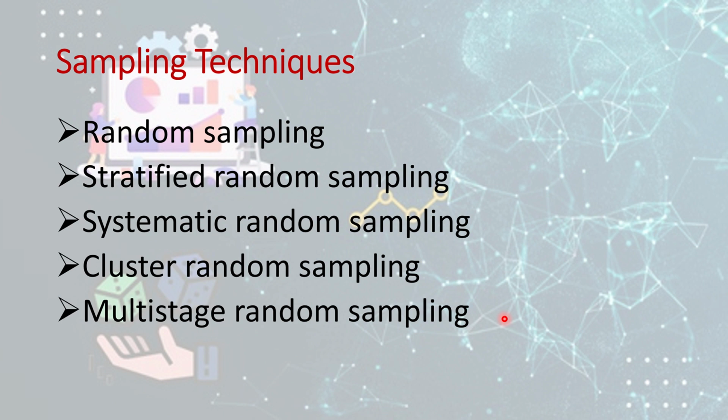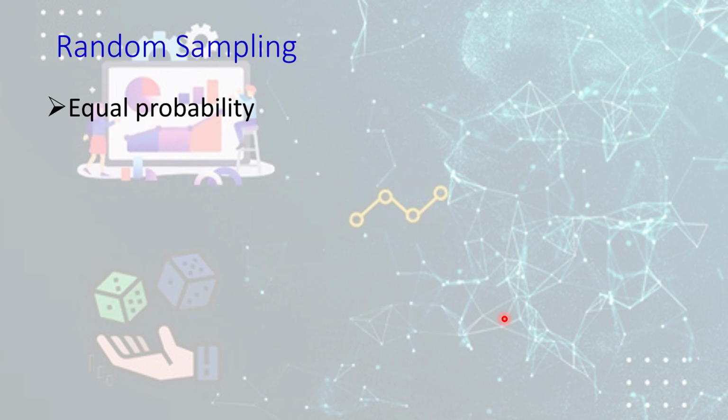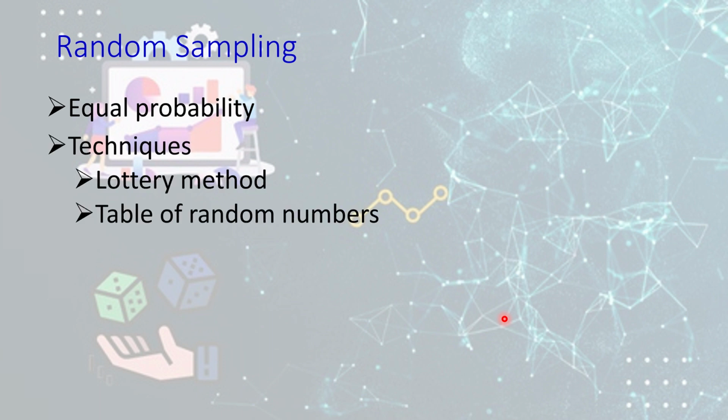How do we do random sampling? In random sampling, every data point has an equal opportunity, an equal chance of selection, and this can be done in different ways. We can use the lottery method, or a table of random numbers. In the lottery method, you simply write the names or number codes of the data points on pieces of paper, fold them, put them in a box, and then select a certain number of those pieces of paper.